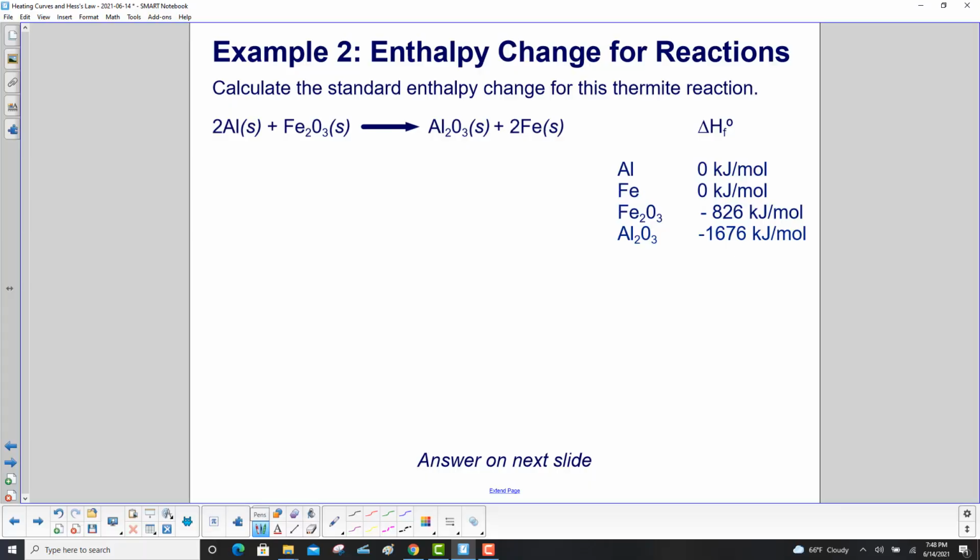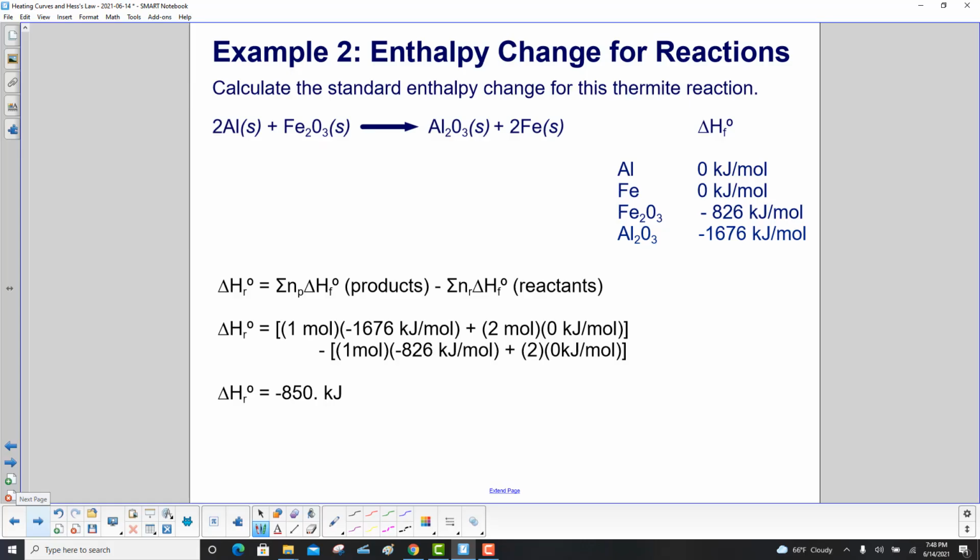Calculate the standard enthalpy change for this reaction. We have aluminum plus iron oxide yields aluminum oxide plus iron. We have our equation for the standard enthalpy change for this reaction, and we'll be subtracting the reactants from the products. So let's look at the products. We have 1 mole of aluminum oxide, and that's minus 16.76 kilojoules per mole.